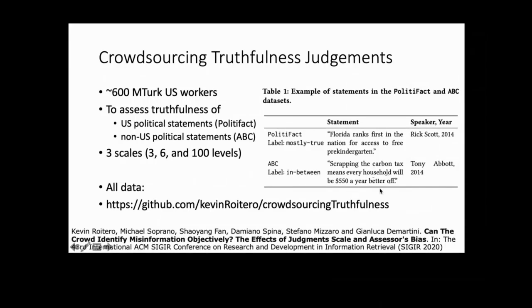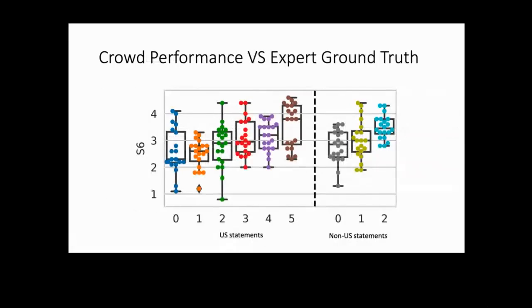We have done this on different data sets, from the US and from Australia. We use different scales to collect these labels. Anyway, long story short, this is one plot that is basically saying that yes, it works.